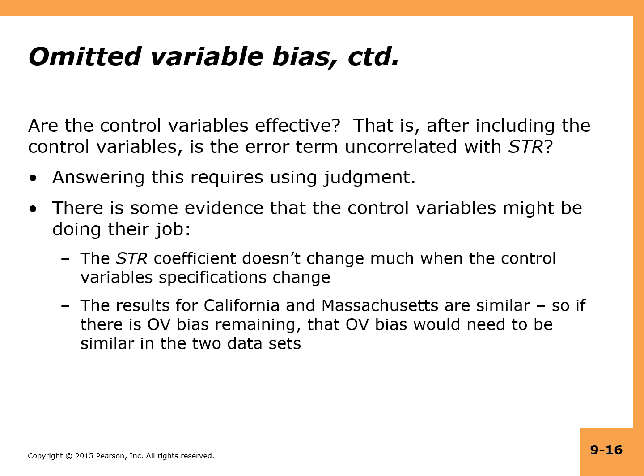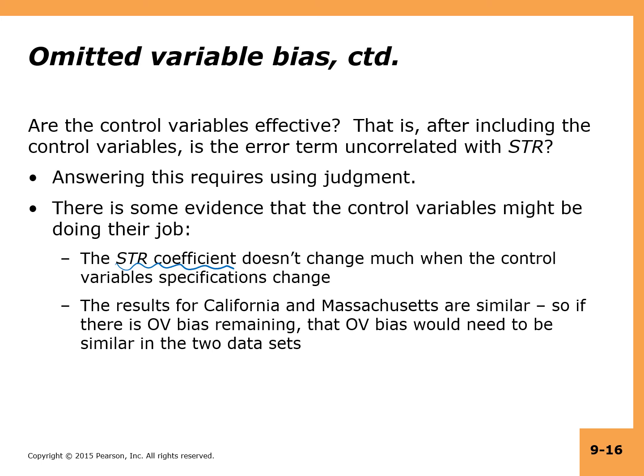So are these control variables actually controlling for the omitted variable? The answer to this question is subjective, but there's some evidence that the control variables are actually doing their job. First of all, the student-to-teacher coefficient, which is our main coefficient of interest, doesn't change much when we include different specifications of the control variables.